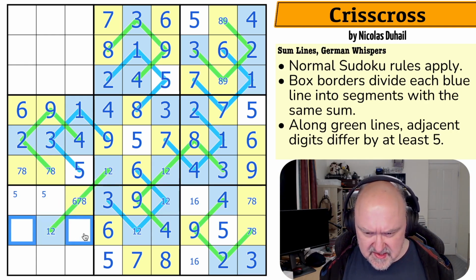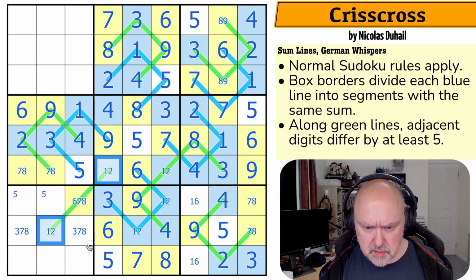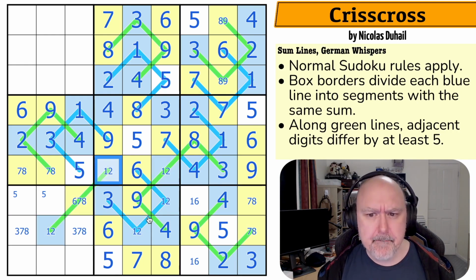So I know what these are? No, they're 3, 7, 8 because they're what's not placed in the row. Could that be a 6? Both of those would need to be 1. Don't know yet, actually.